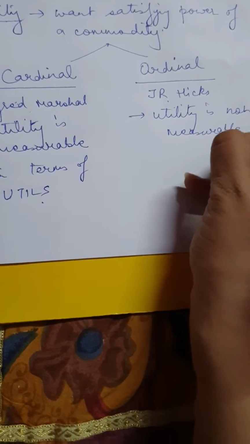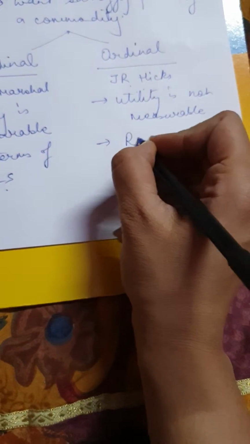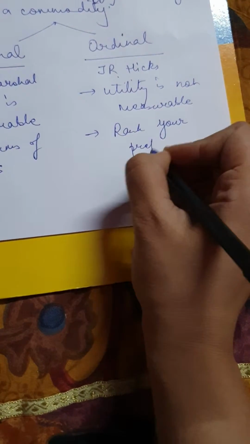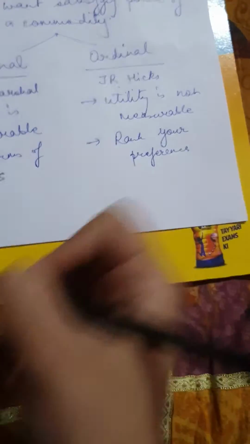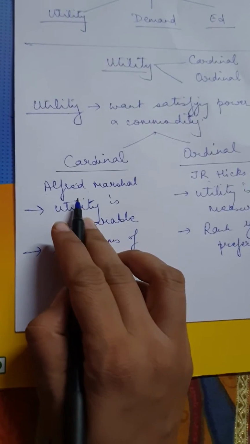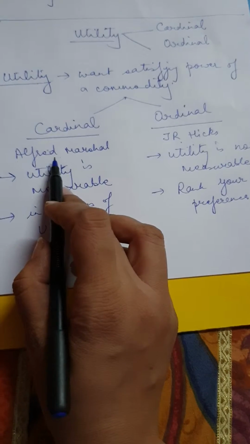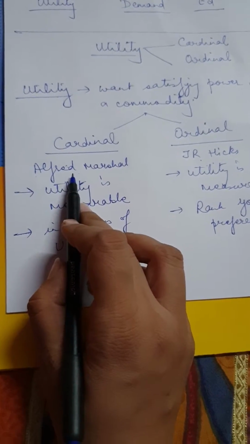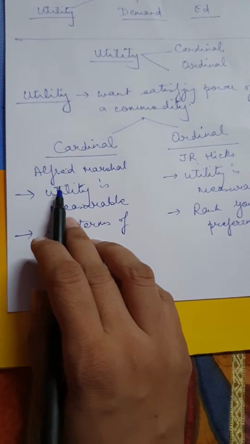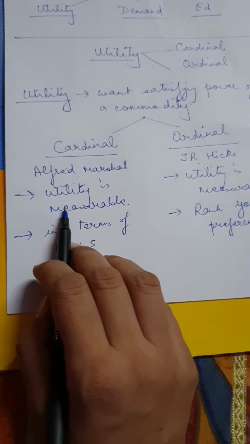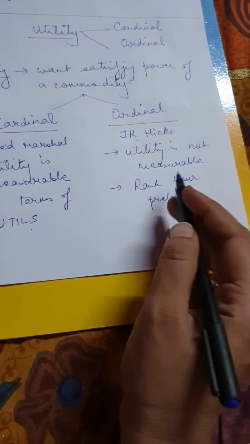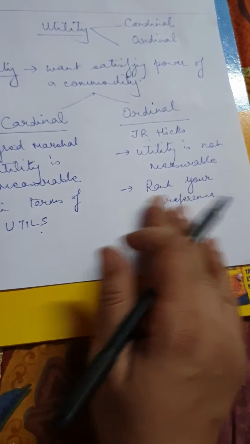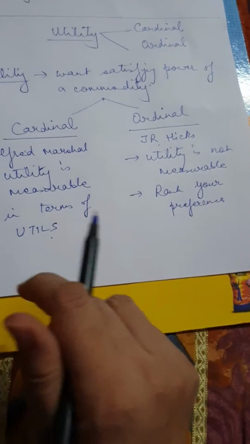You can only rank your preferences. For example, according to Alfred Marshall, if I am having a burger, it is giving me 10 utils of satisfaction and pizza is giving me 100 utils. But I can't say this. J.R. Hicks says that I will prefer a pizza over a burger. We can only say that. By how much depends on individual to individual. Okay.